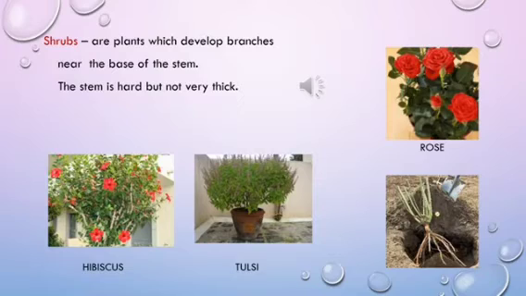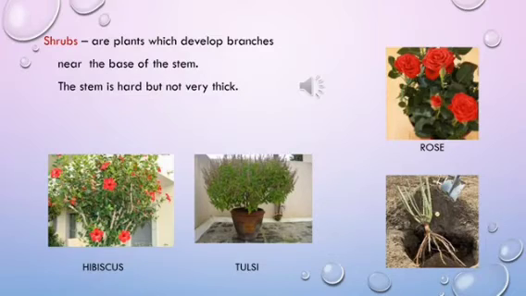Now when it is hard and woody, you might be thinking, why can't we call them a tree then? There are various reasons. Here in a shrub, the stem is not very thick, it is not very broad as you see in a tree. And these shrubs have branches towards the base of the stem.